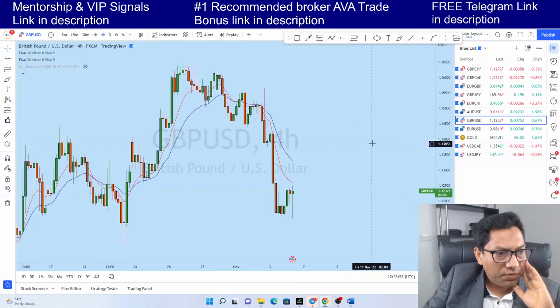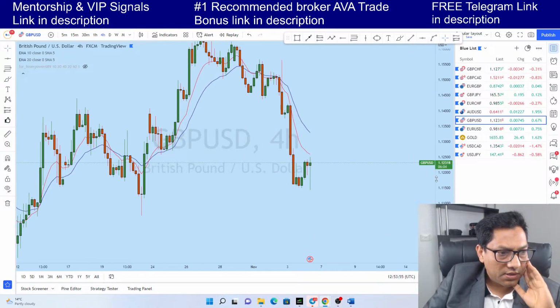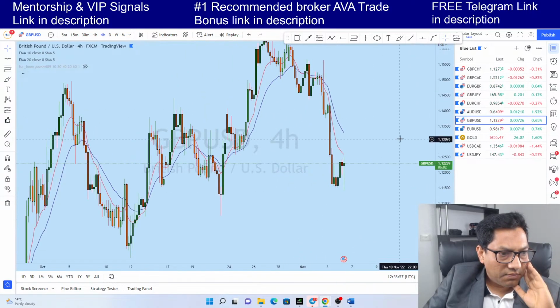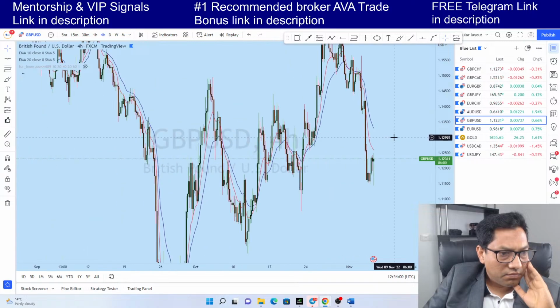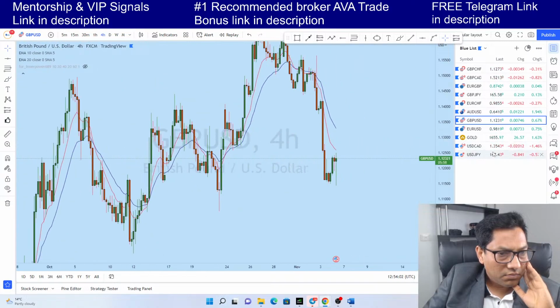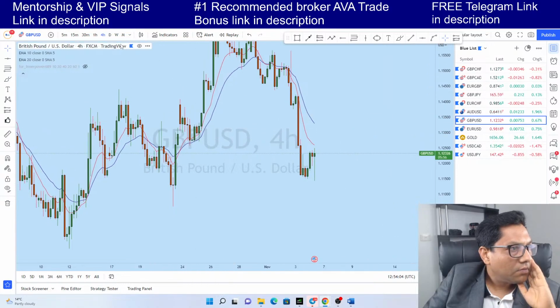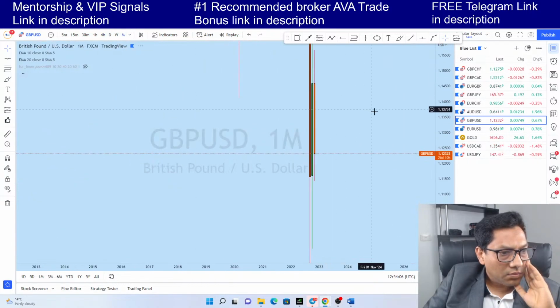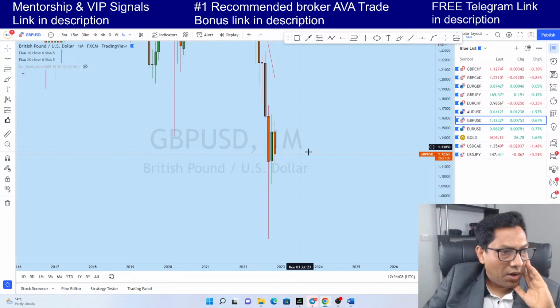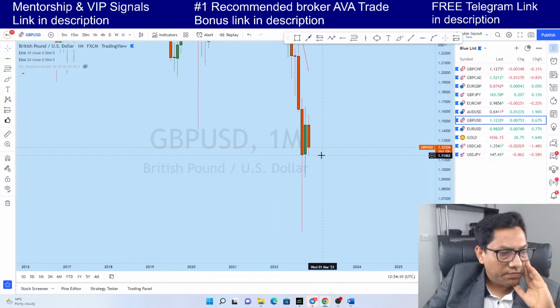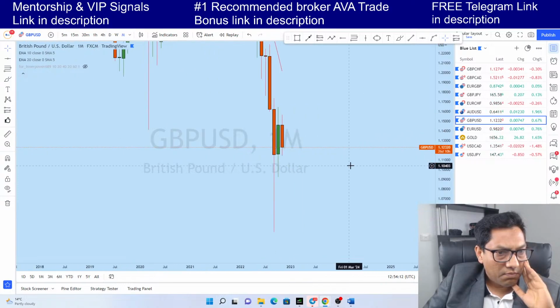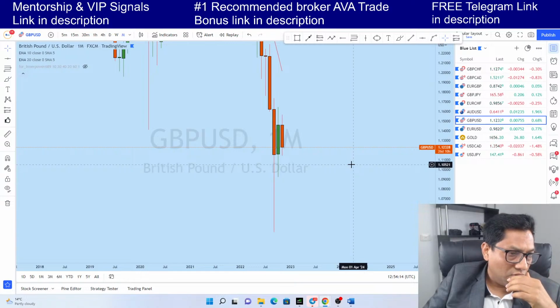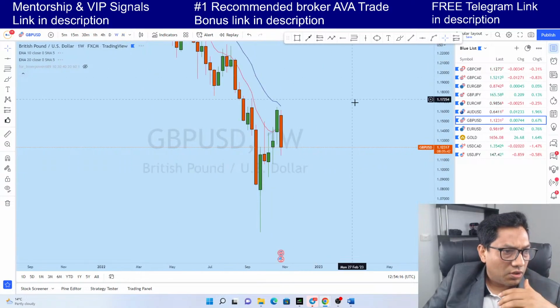So if we look at GBP USD, guys, we have seen primarily a bounce from the monthly support zone on GBP USD, but I still think GBP USD will drop based on the price action.